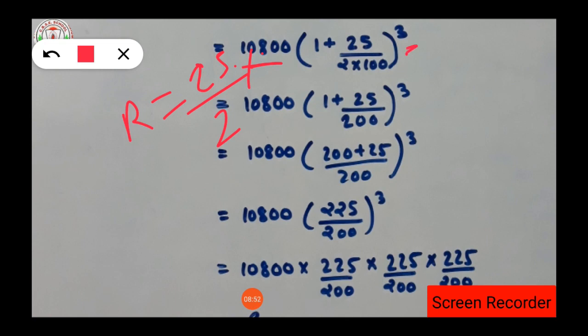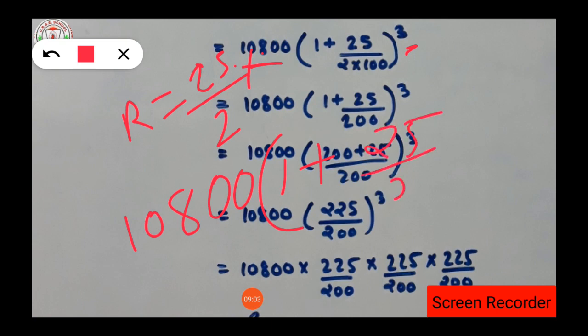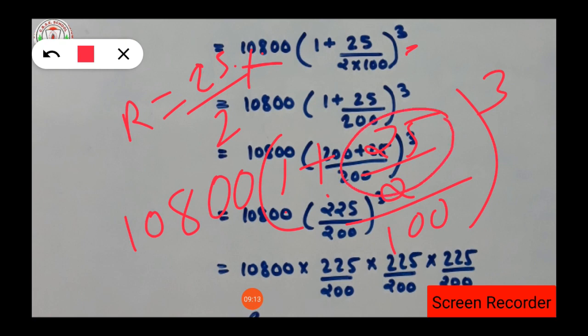Now in order to put it in the formula, P, that is 10,800, whole 1 plus R, which is 25 by 2, upon 100, whole to the power 3. First we write 1 plus R, this is the R value, 25 upon 2. So this denominator 2 will come with 100 and get multiplied with 100.